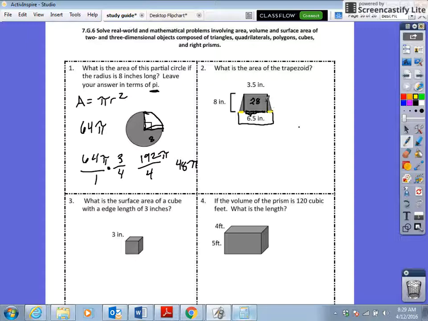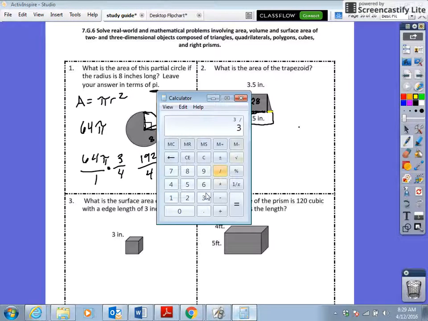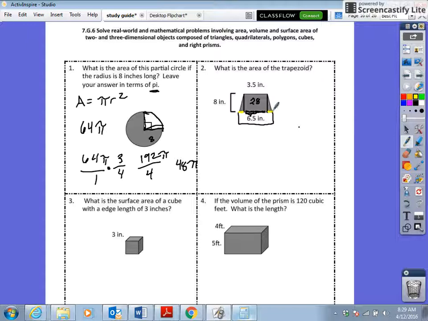Does that mean this is 3 and this is 3? Well, if I added 3 plus 3.5 plus 3, that would be 9.5. So no. But if I divide it by 2, 3 divided by 2 equals 1.5. So this little part over here is 1.5, and this little part over here is 1.5.